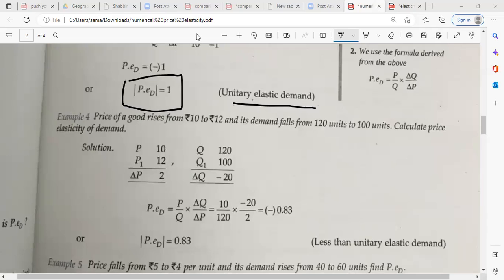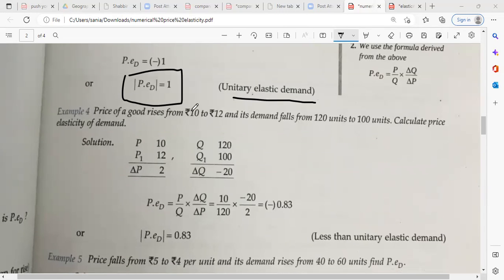Yes, ma'am. Yes. Now the next one. Here you go. Fifth example.